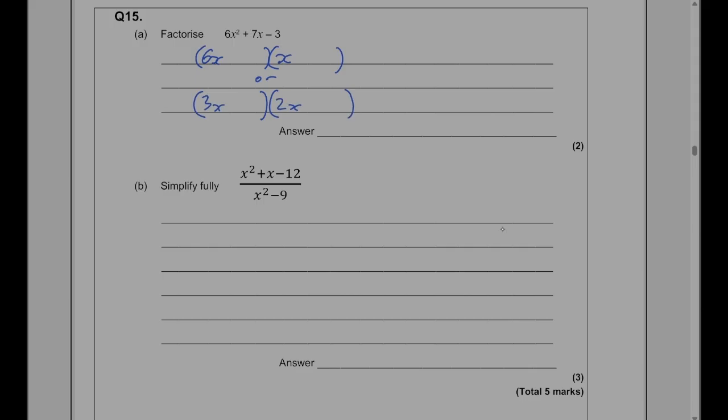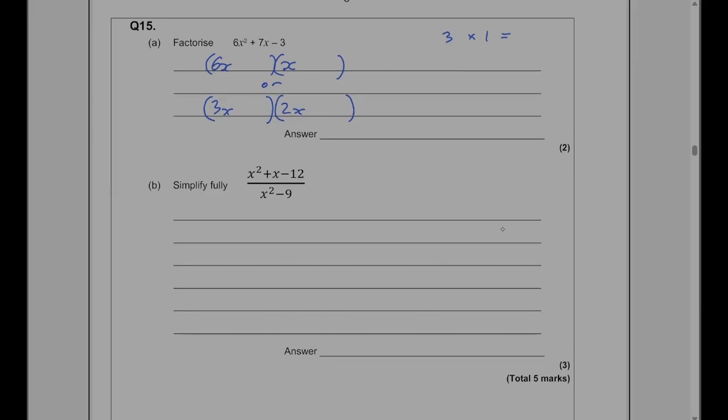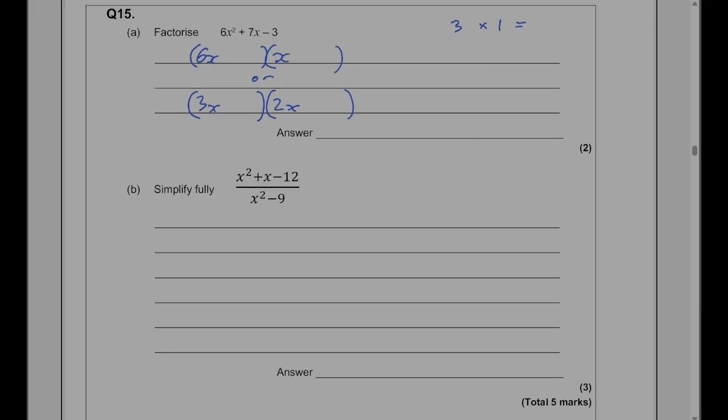And we don't know which, because 6 is not a prime number. This number, minus 3, 3 is a prime number. So we know that that's got to be a 3 and a 1. One of them is going to be negative, one of them is going to be positive. So we need to put a negative in there somewhere, because we want it to equal minus 3.